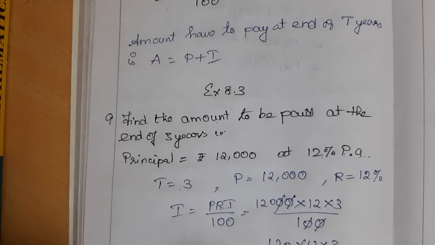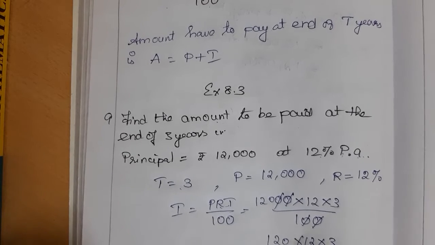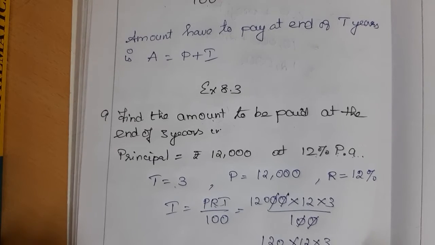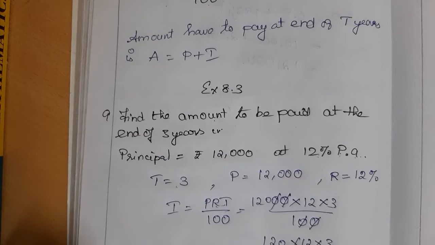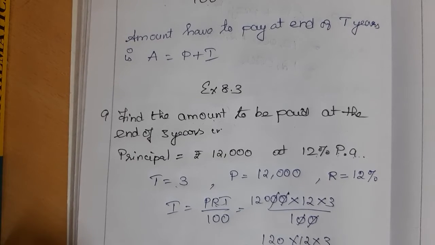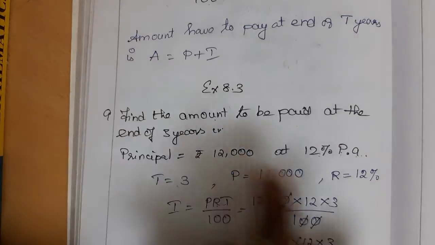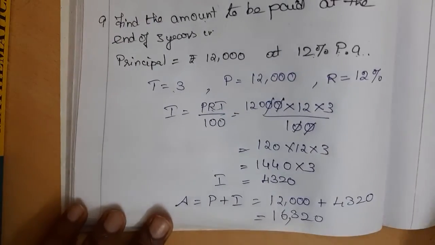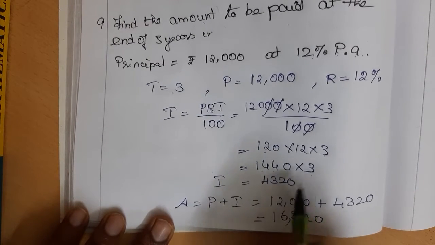We have to find the amount. So amount is equal to principal plus interest. Principal we know is 12,000 plus interest is 4,320. If we add, we will be getting 16,320. So, you can see here, 120 into 12 into 3, we are getting 1,440 into 3 is 4,320.